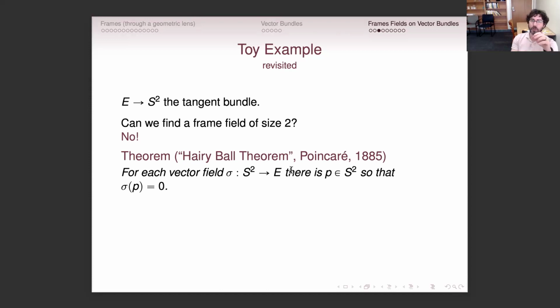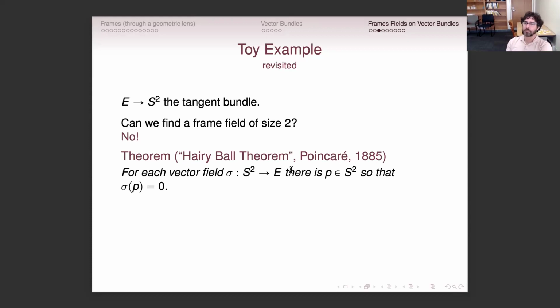In particular, if we had a frame of size 2, it would consist of two vector fields. And in order to be a frame, you couldn't have either of those vector fields vanish at any point on the manifold, or else they'd have no hope of spanning the tangent space at that point.